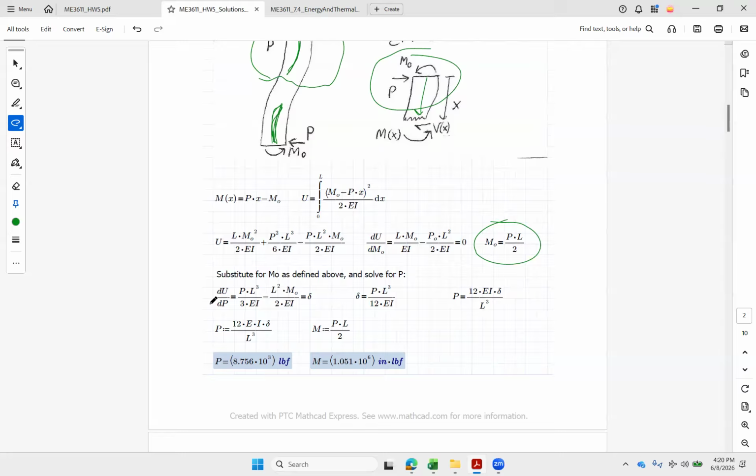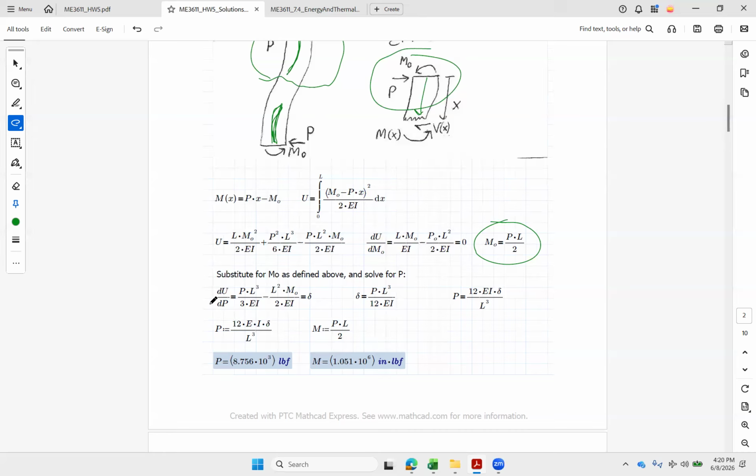And then I can sub in PL over 2 in here for M naught. So it looks like I've got PL cubed over 3EI, and then this coming in right here. I got the PL over 2 goes in for my moment there. So I've got a third minus a fourth. That gives me 1/12 left.